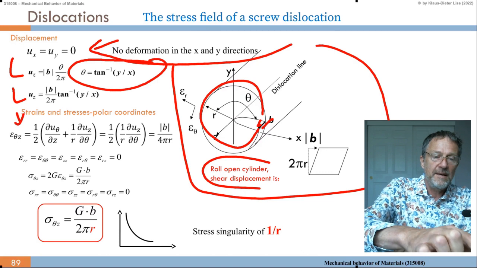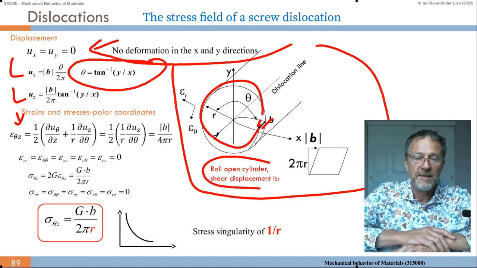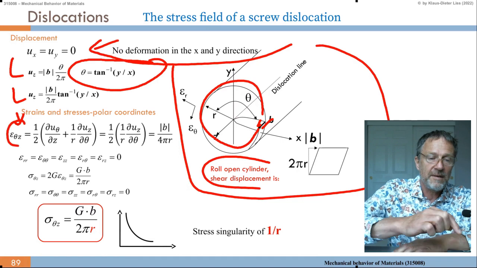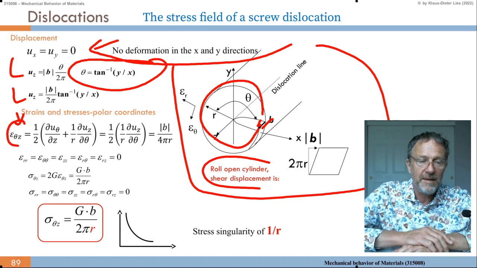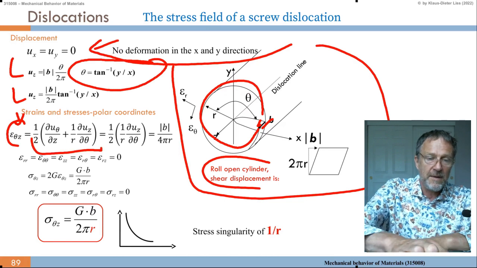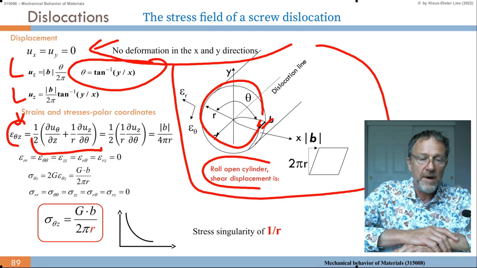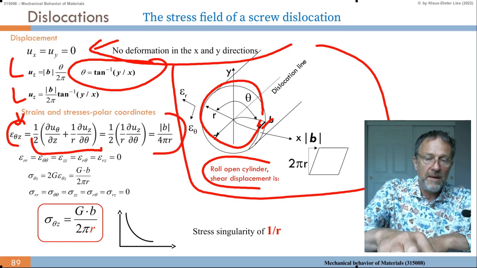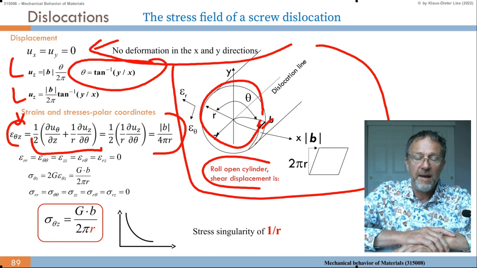Now we can take our formula for strains and stresses in polar coordinates. So we have the epsilon strain theta z component, which is shear strain, and that results, as we derived it earlier, 1/2 du theta over dz plus 1 over r du z over d theta. And that works out to be b over 4 pi r.